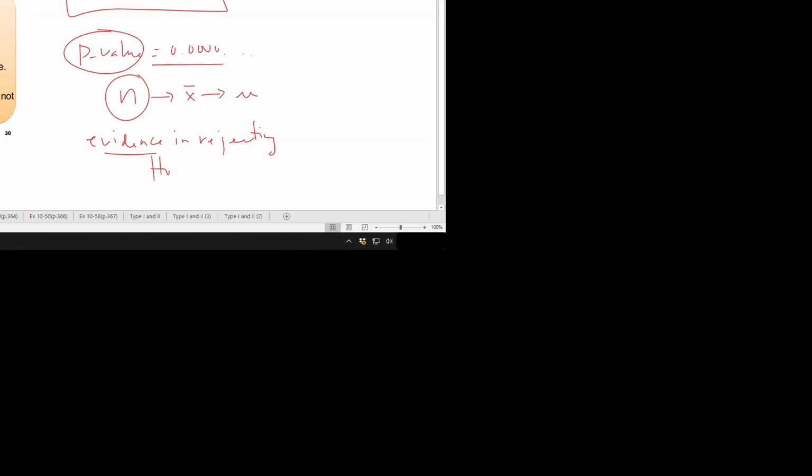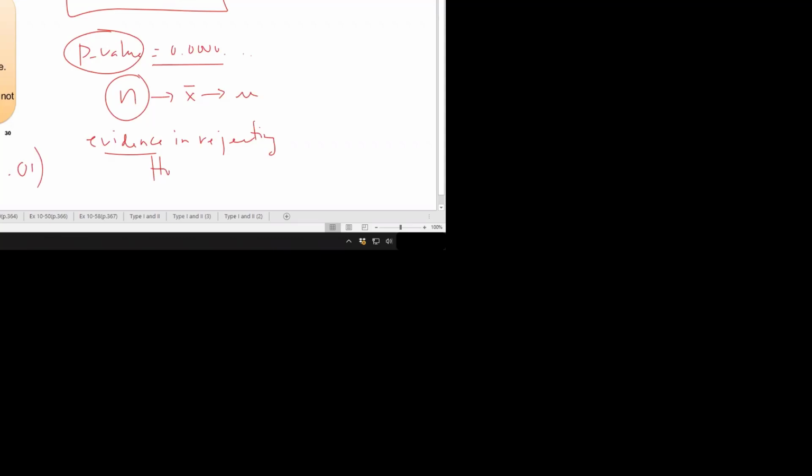Recall that when we started talking about hypothesis testing, the second step was determining the value of alpha. I said that typically alpha will range from 0.1 all the way down to maybe as small as 0.01, or sometimes even smaller.